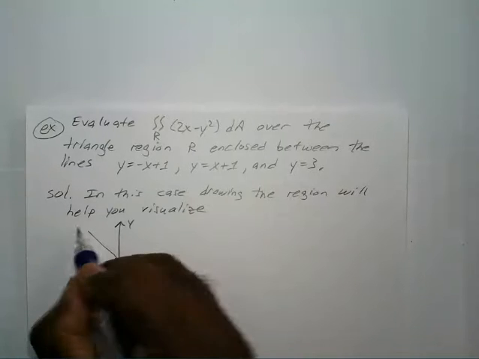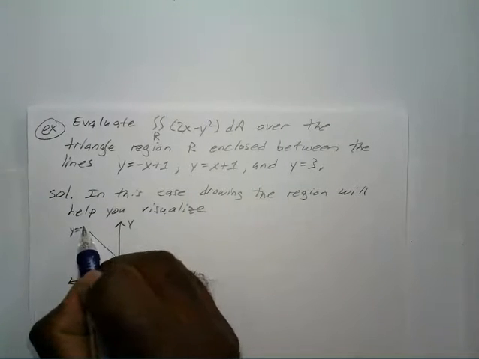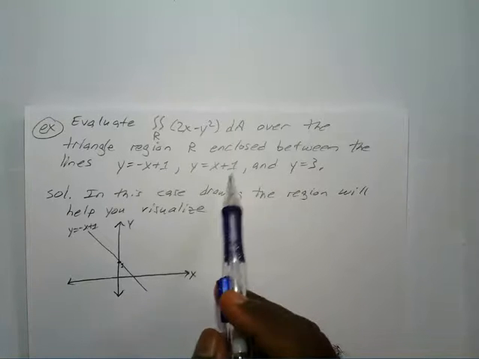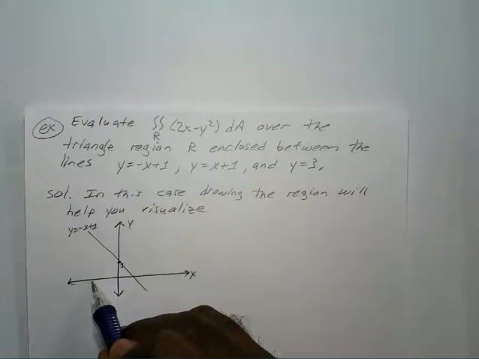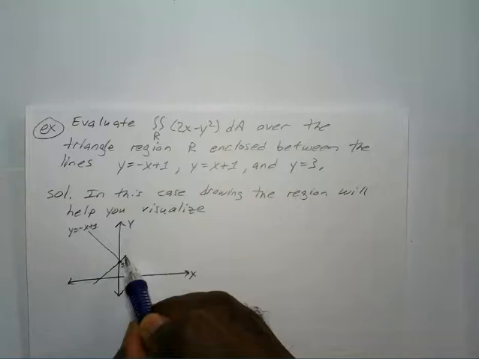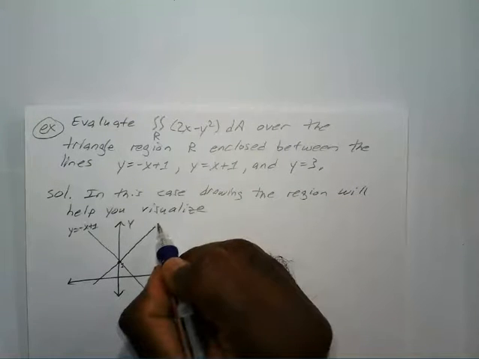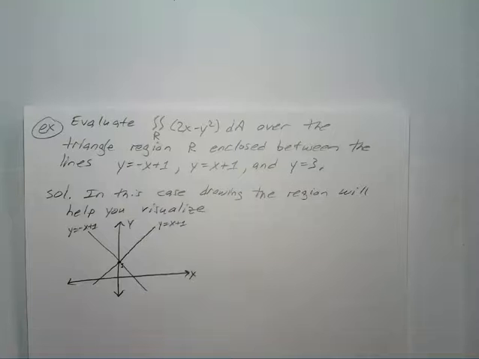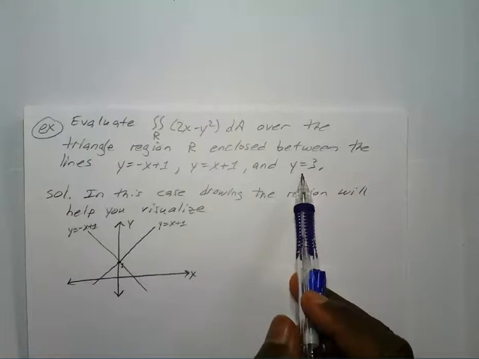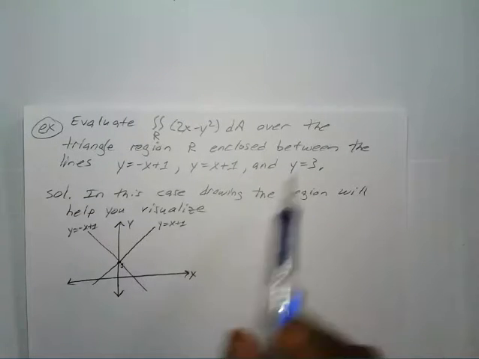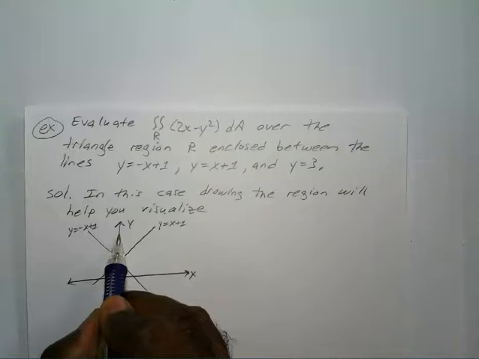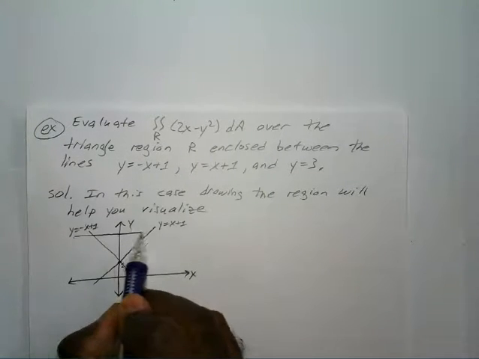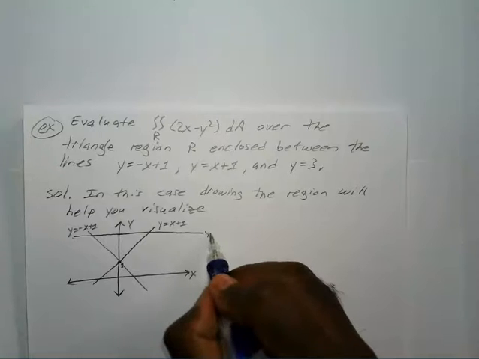So this is y equals negative x plus 1. If we want to draw x plus 1, it would look kind of like that. So our y equals x plus 1. And y equals 3. Remember, that's just a horizontal line going through 3. So if this is our 3, let's say this is our y equals 3.